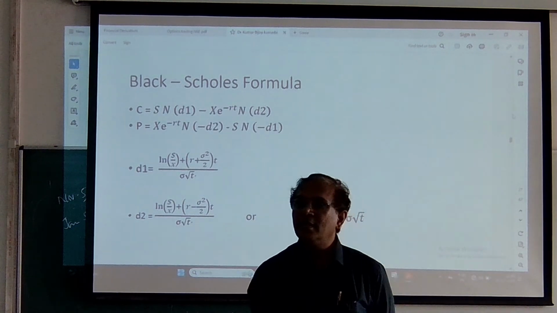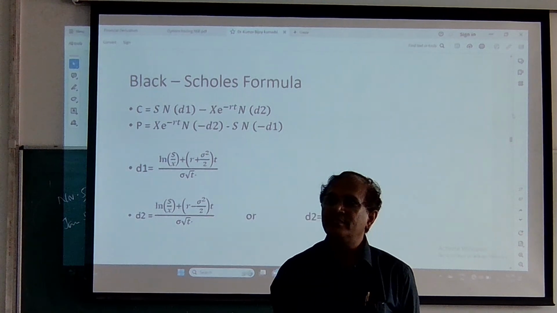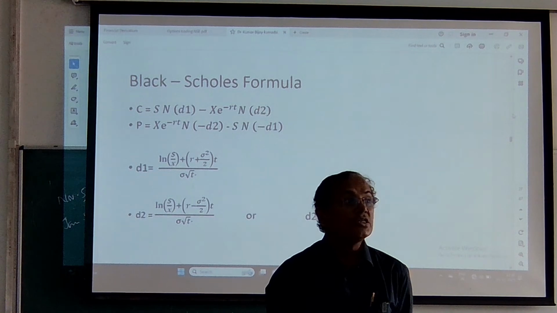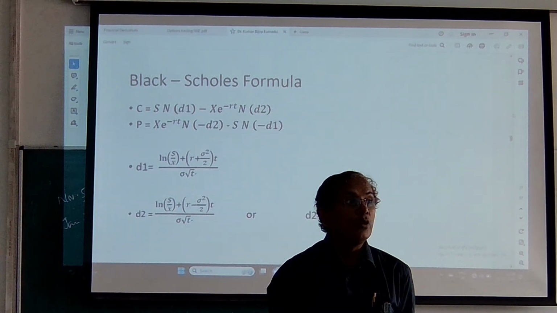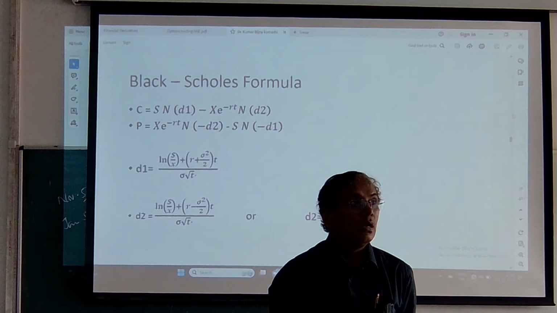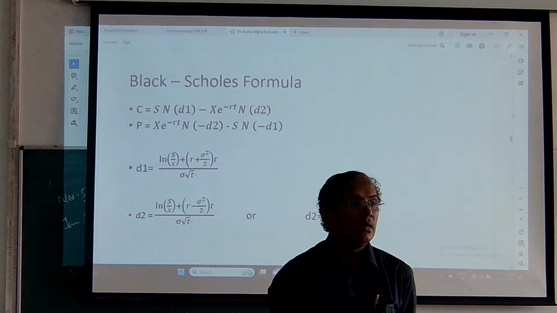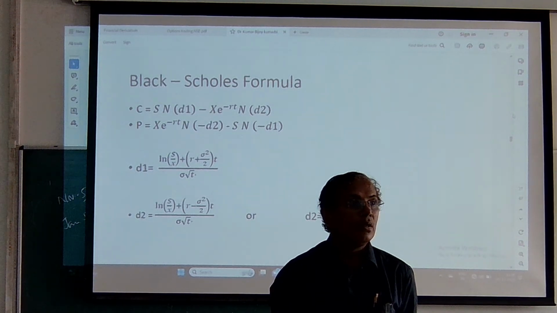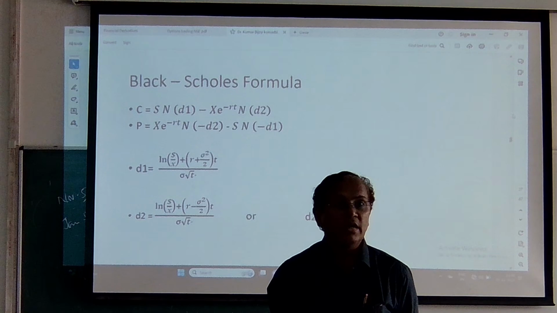Calculate for yourself. How much? 2.115? What, D1? No, can't be. 0.27. Look into that carefully.